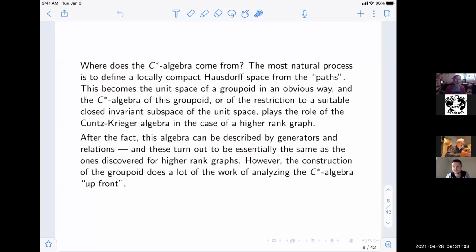And it turns out that they're essentially identical to the generators and relations that are given for higher rank graph C-star algebras. So it gives a kind of different way of producing the C-star algebra from the original data that doesn't feel like we're just making up some generators and relations that seem to be convenient.